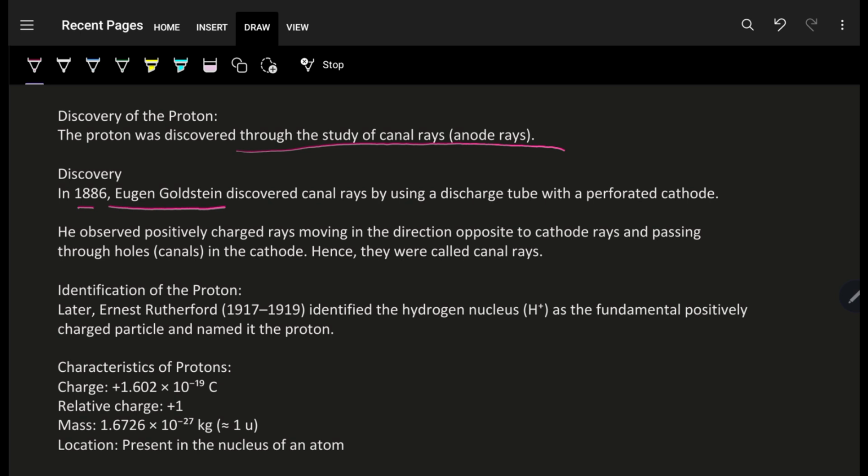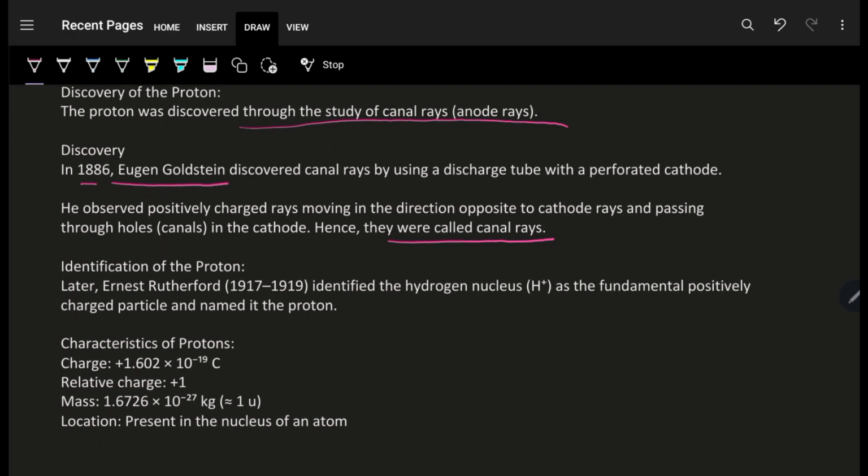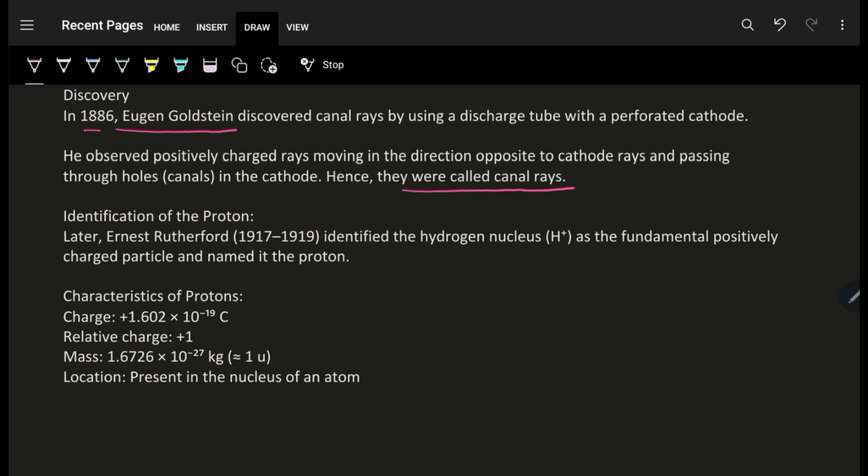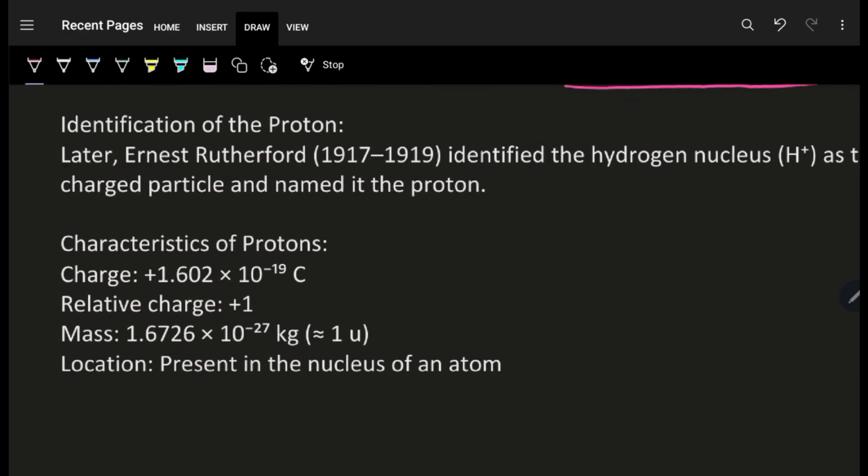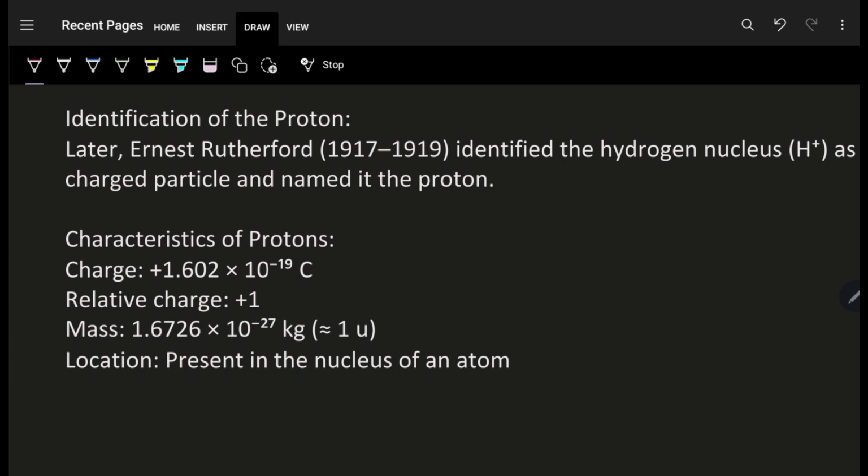So these were also known as canal rays. Identification of the proton. Now the electron is negatively charged. Charge over an electron is 1.602 into 10 to the power of minus 19 coulomb, and that is a negative charge. And charge over proton is the same magnitude, opposite in sign, that is positive charge. The relative charge is taken as +1 for proton, and for electron it is -1.